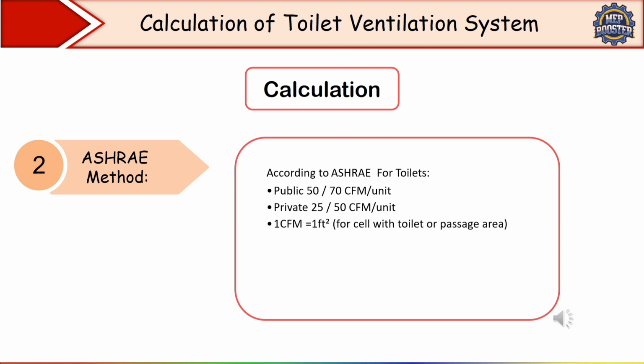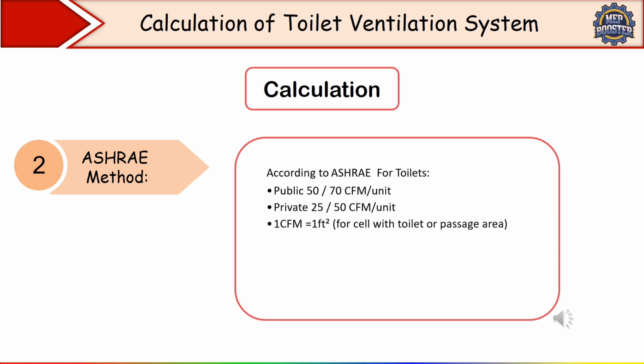But for passage area, it is based on how many square feet of area there is. Suppose your passage area is 200 square feet. You have to measure it with the help of a command in the AutoCAD file. Use the dimension linear command and measure, or we have the list command also.